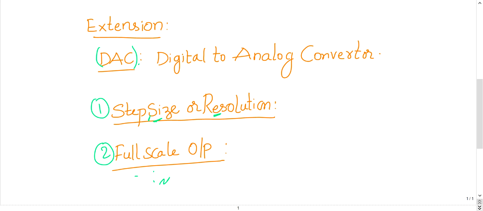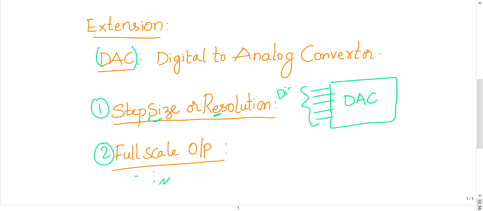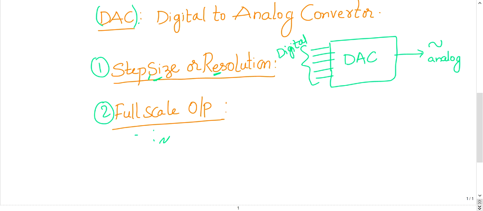Let me explain to you what is a step size. So consider a DAC. Now you might have already understood what a DAC does. DAC is nothing but it takes some digital inputs and it produces some analog output. I'll give an example by which you can understand easily what is a step size.